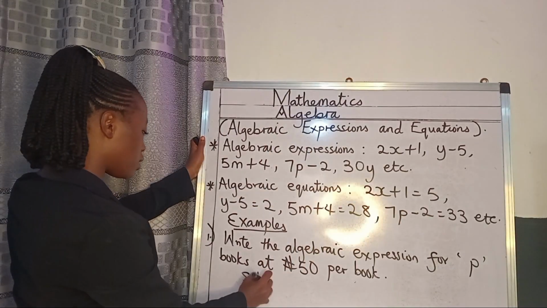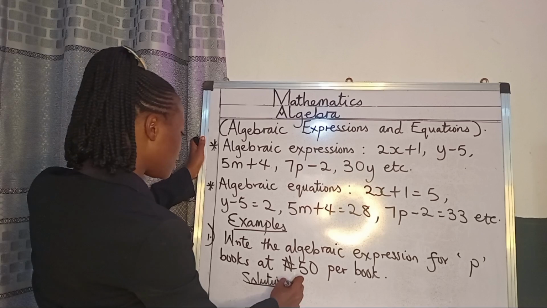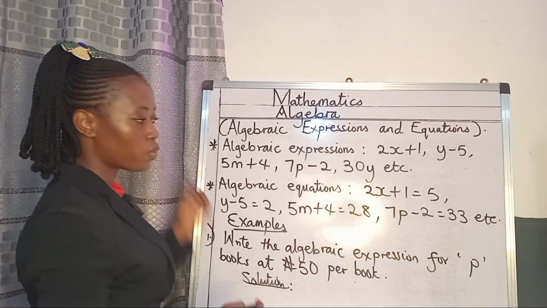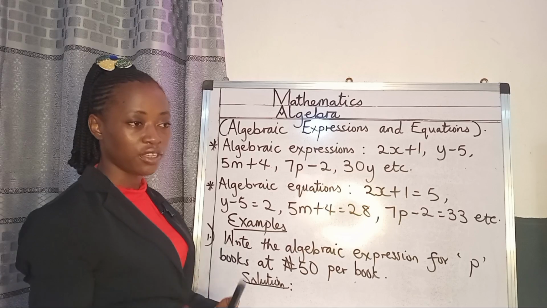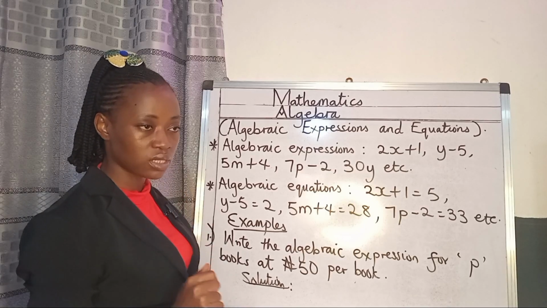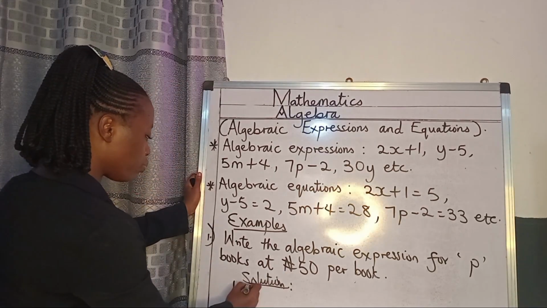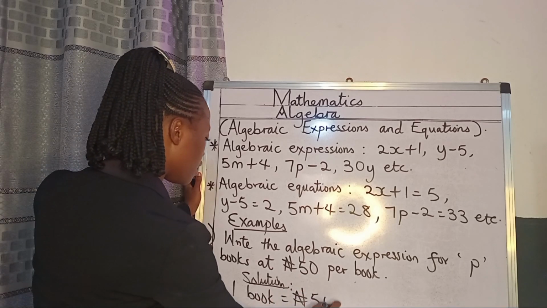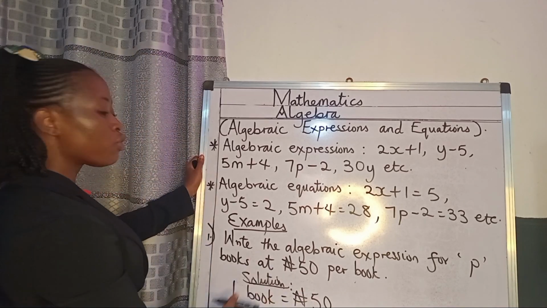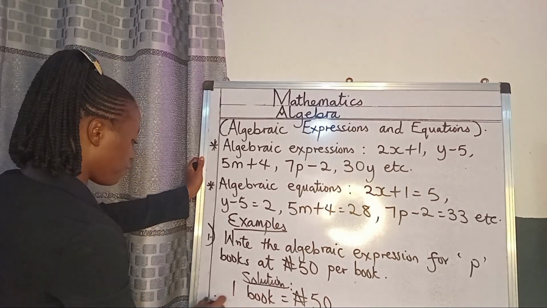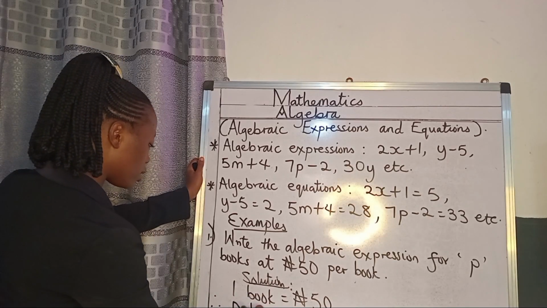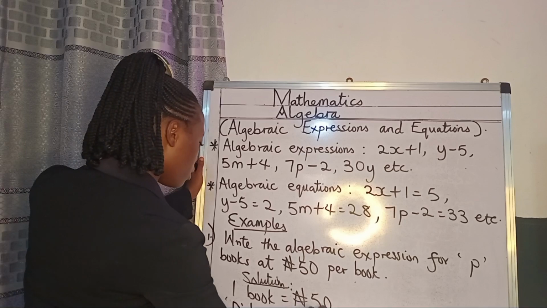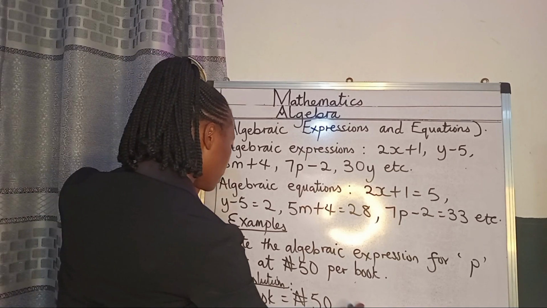To solve this, it is simply telling you that this per book means one book. So whether you are saying per each, you are talking about one. Do you understand? So it means that one book, all right, costs 50 naira. Now, to know the cost of p books, you therefore say p books equal to 50 naira times p.